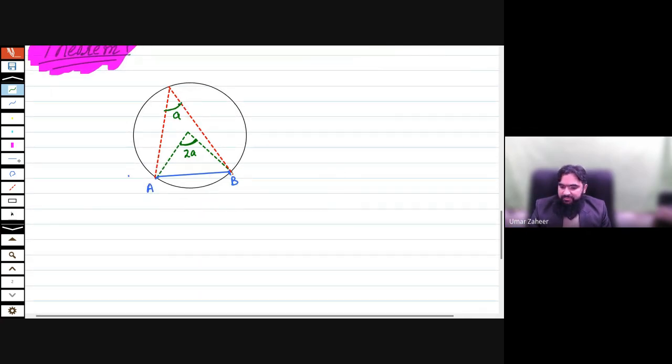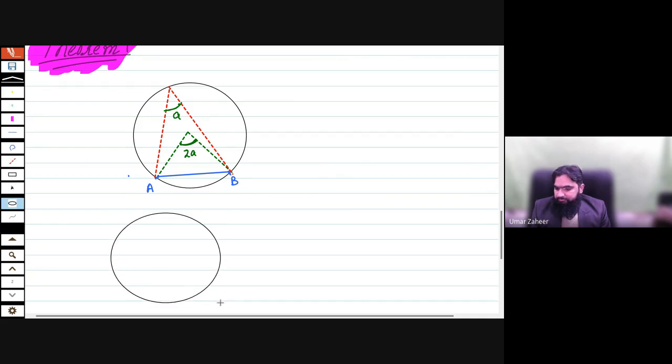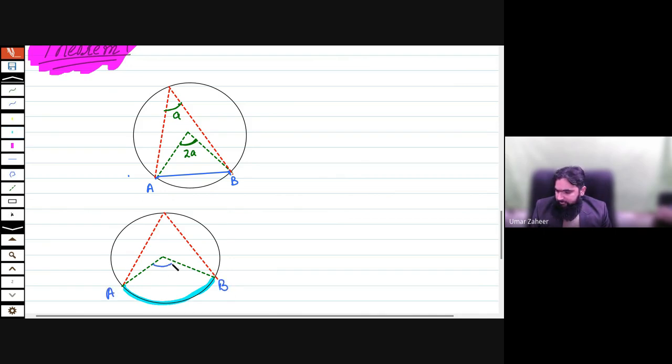In the same way, I'm going to make a circle here. I'm going to subtend the angle just from this arc AB. It is a central angle.